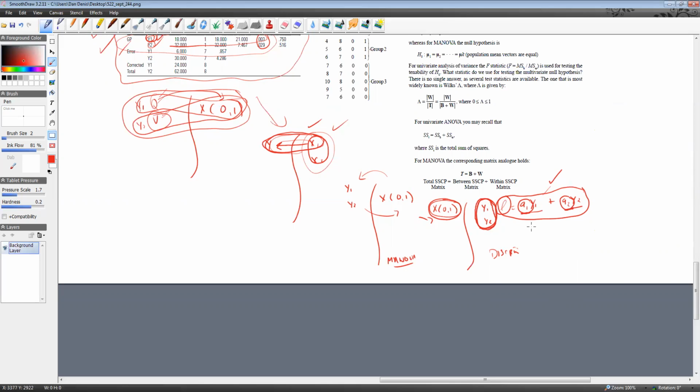So the question becomes, what's this linear combination that's providing separation between these two groups? Well, this linear combination is on this side in the MANOVA. So you can think of the MANOVA as being a linear combination here and then looking at differences between groups. That's another way of thinking about it.